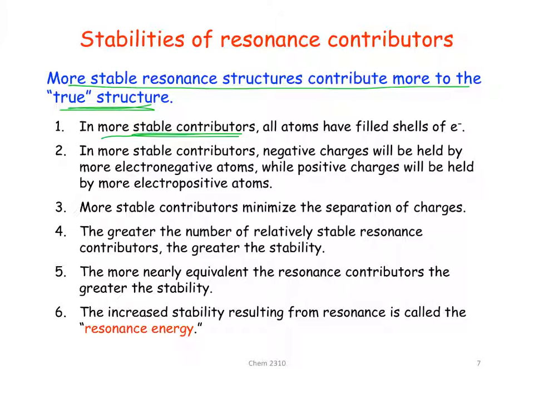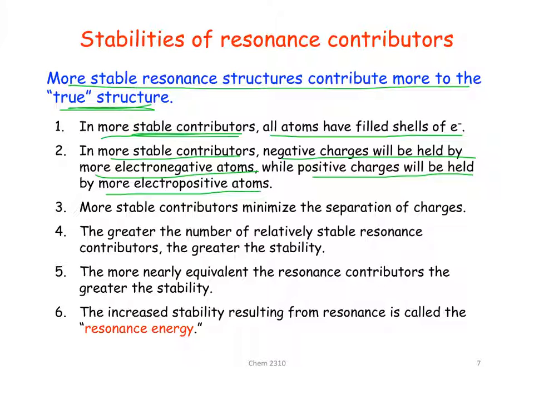So in the more stable contributors, all the non-hydrogen atoms will have filled shells. Okay, we'll have 8 electrons around them, or octets of electrons. Okay. In more stable contributors, negative charges tend to be held by more electronegative atoms, while positive charges will be held by more positive atoms.